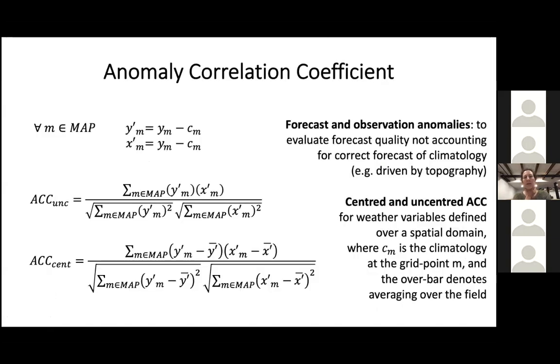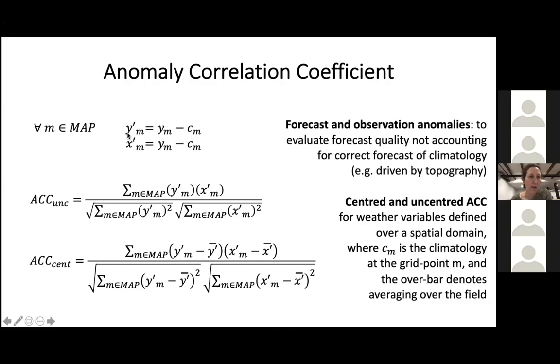So what do we do in this case with correlations? We can consider the anomalies to evaluate forecast quality, not accounting for the fact that the forecast reproduces the local climatologies, for example, driven by topography.